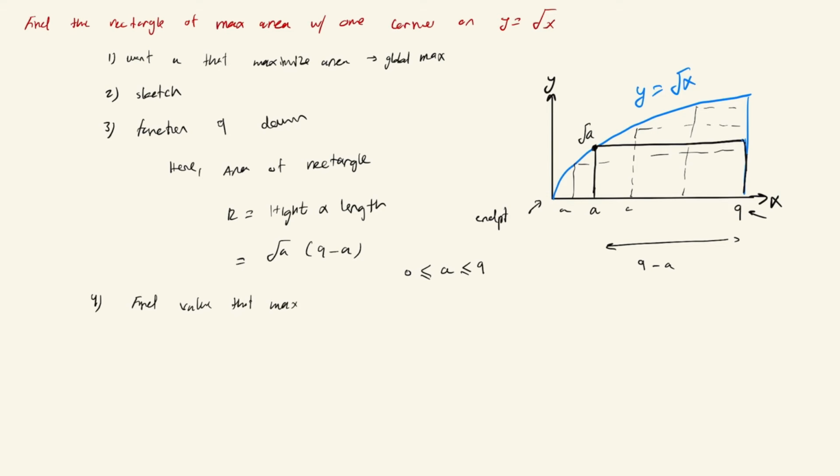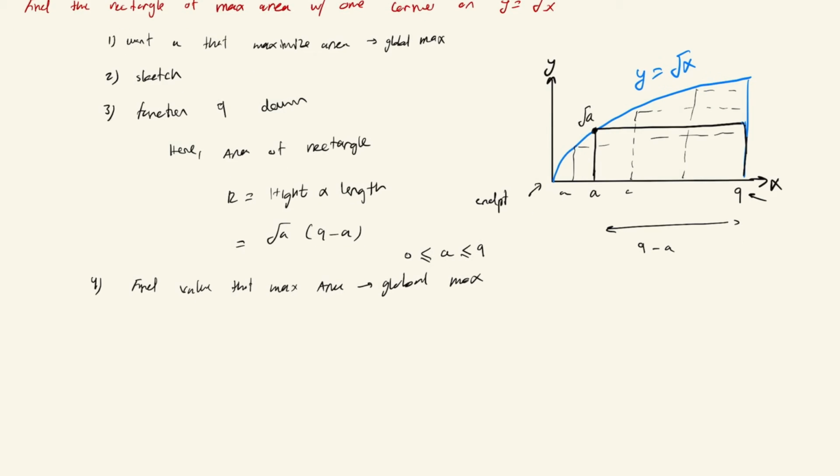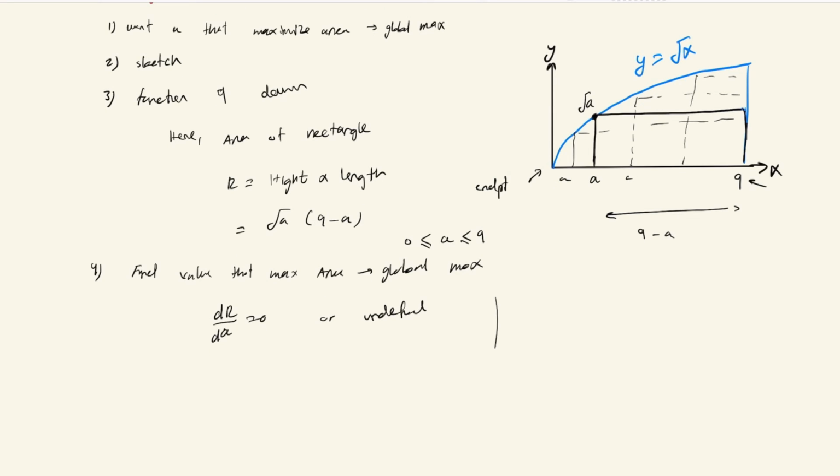So now we have the function and we are given the interval. We just follow the steps of finding the global maximum. So here we're going to take the derivative of the area r and set it equal to 0 to solve for critical points.